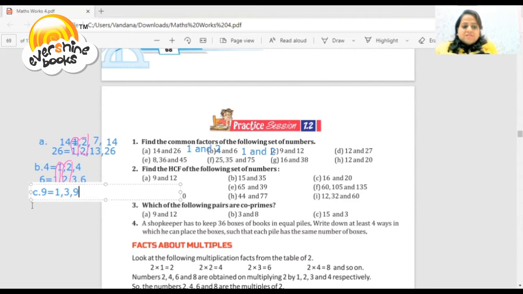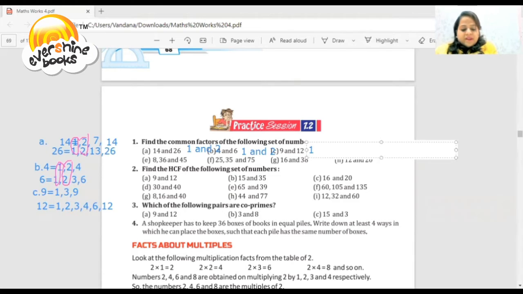Okay, these are the factors. And now write number 12 and write the factors of this number: 1, 2, 3, 4, 6, and then 12. So 1 and 3 are the common factors of 9 and 12. 1 and 3. Okay, these are the common factors.